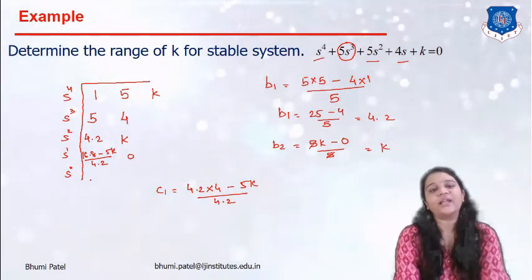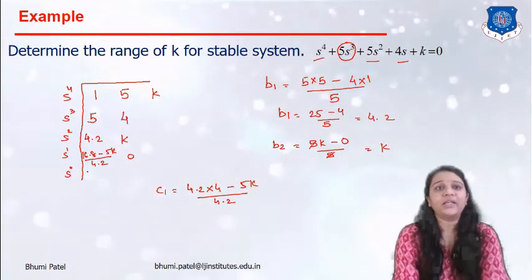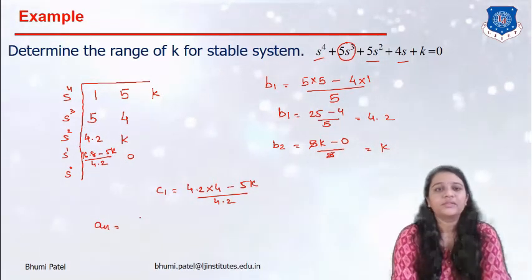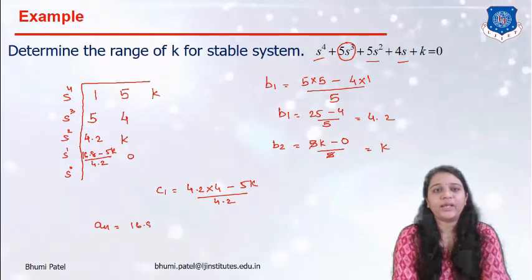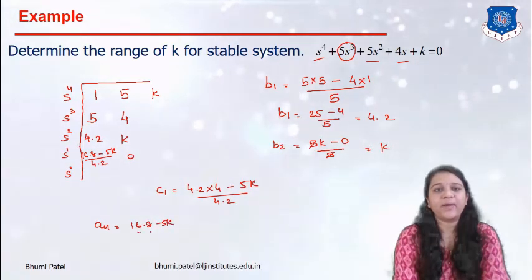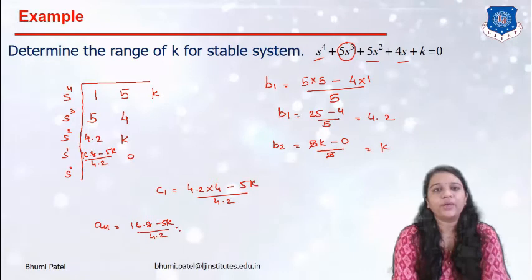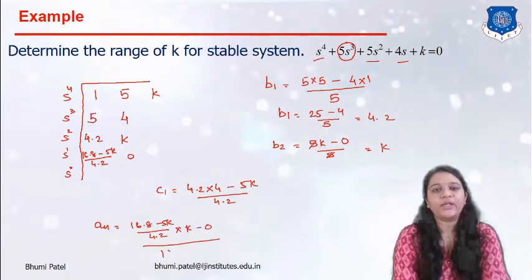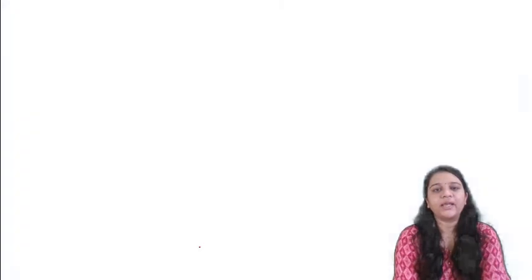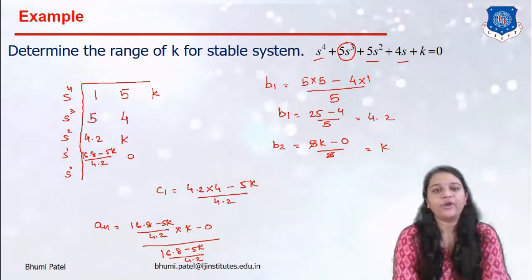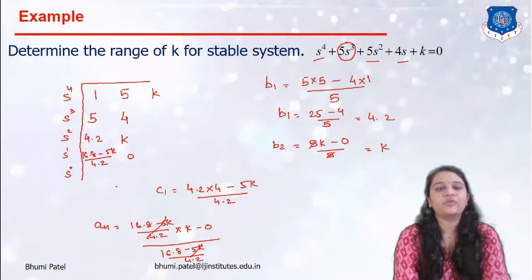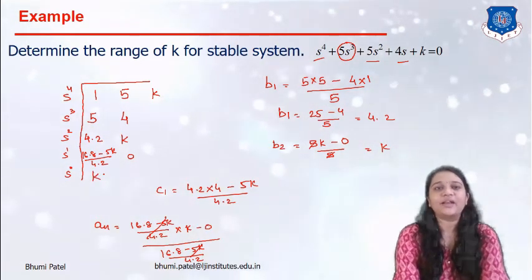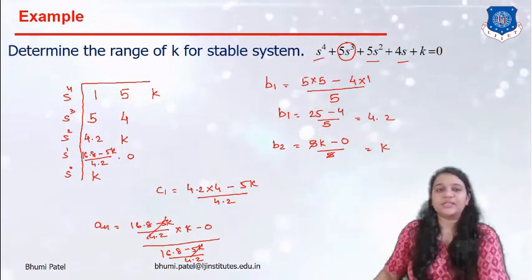Now we have to find the value of the last element, which is c1 into k minus 0 divided by c1. This term is cancelled out, so we get k. So this is the Routh table for this system equation.